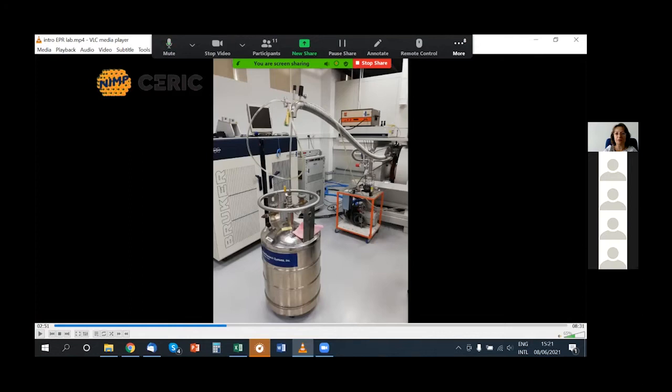So we pump liquid to the cavity, and here we have the pumping unit for the cryostat. So in this moment here, we have a different cavity, as you will see in another movie.